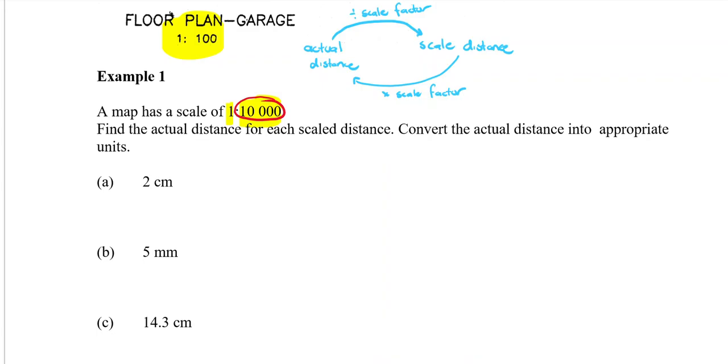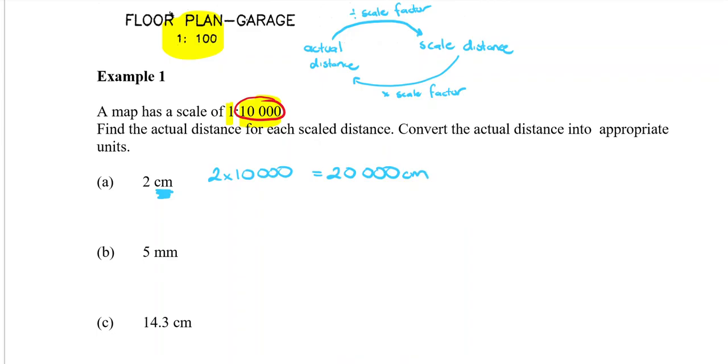If I measure 2 centimetres on my house plan, so this is a scale distance, I'm going to times by my scale factor, which is 10,000 for this question. 2 times 10,000 is 20,000. 20,000 what? Well, because the 2 that I was given in the question was in centimetres, that means this number is going to be in centimetres.